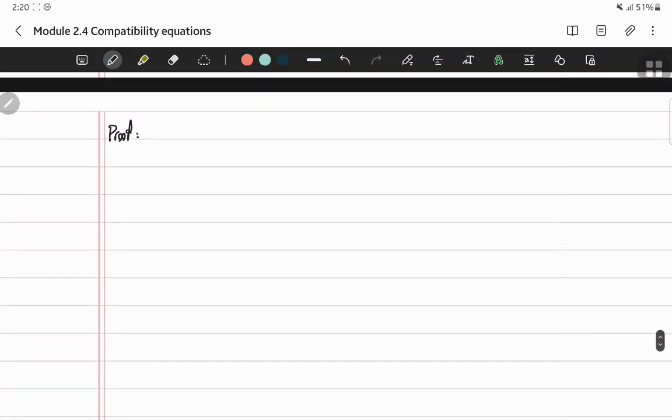Okay, for the proof, we assume we have a domain, which is a simply connected domain, where you have a point in here which is displaced to point 2 in here. So you have a P0, for example, which is basically moved, or deformed, or displaced to this point P in here.